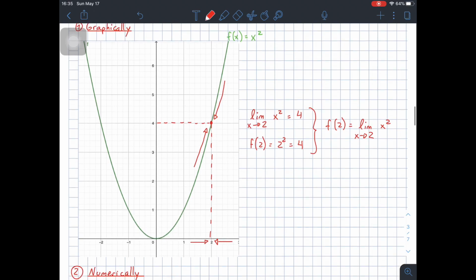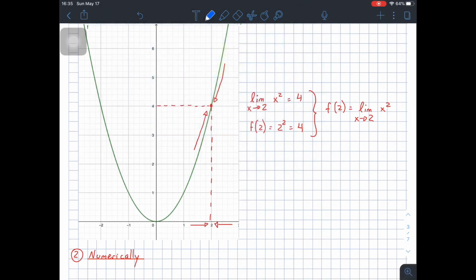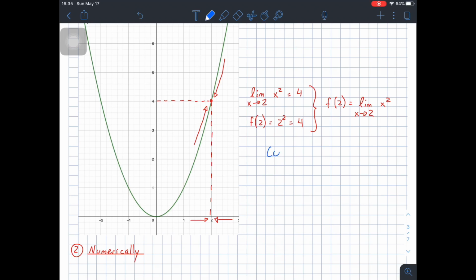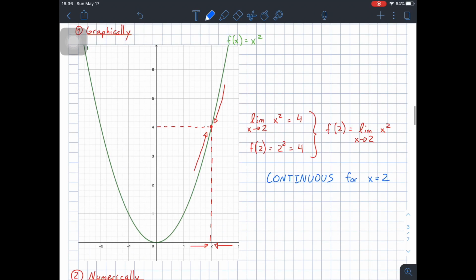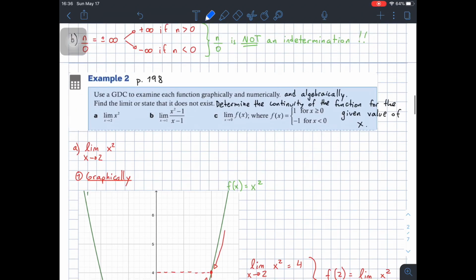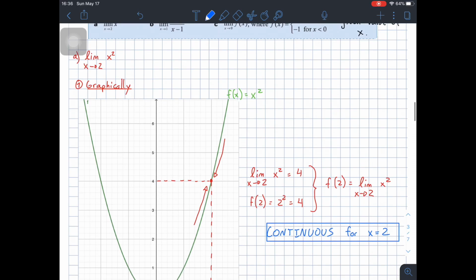So because of this, we can conclude that the function is continuous for x equals 2, okay? So this would be the second part of the answer, and the first part is find the limit, okay? And we found the limit here, which is 4.